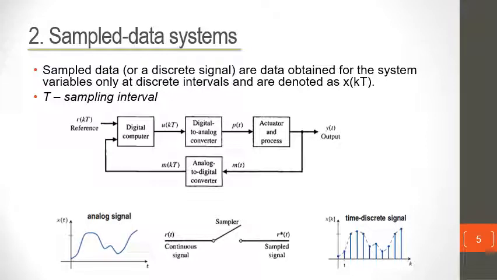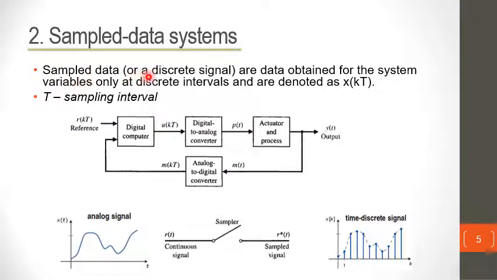We generally call systems that have both digital and analog signal processing devices sampled data systems, because they work with both. In order for the control loop to work, the digital computer has to sample your signals.